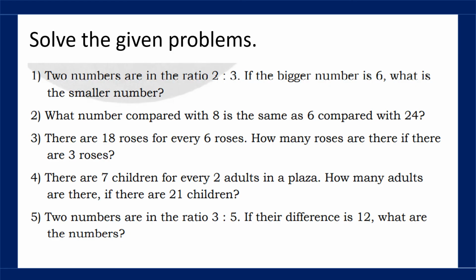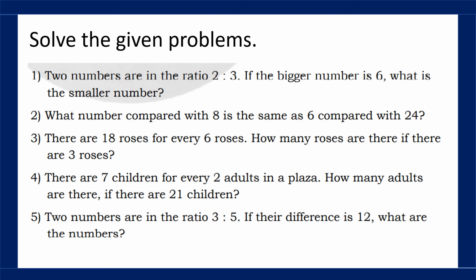Solve the given problems. Number 1. Two numbers are in the ratio 2 to 3. If the bigger number is 6, what is the smaller number? Number 2. What number compared with 8 is the same as 6 compared with 24?